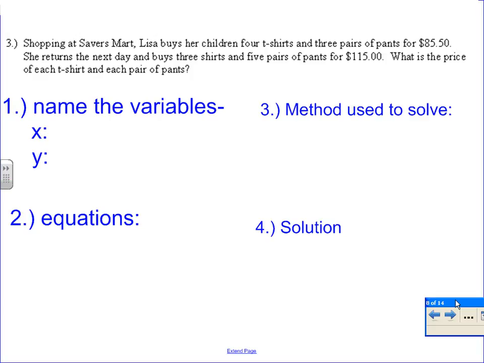What is the price of each t-shirt and each pair of jeans? So what is X and what is Y? Dirk, what do you think? Good. Good. So I'm going to put cost of t-shirts, so we're more specific this time, and cost of the pants. Okay, well, we need to find the price. Just like in number 2, we're finding the price of these.